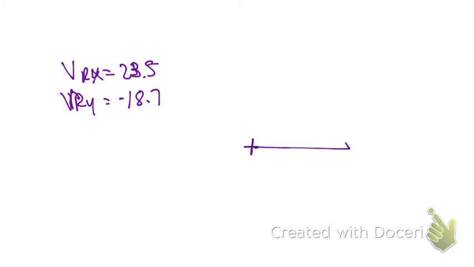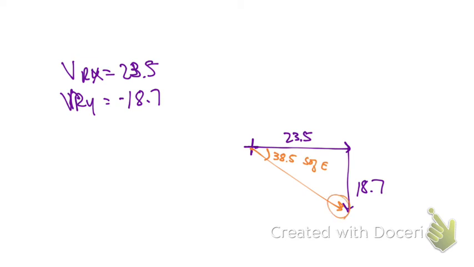Draw my origin, go 23.5, negative 18.7, and I've got a resultant vector. If I would have solved it just like this, I would have solved for this angle, which would have come out to be 38.5 degrees south of east. That's a correct answer in addition to 51.5 degrees east of south. Those two angles get us to the same final location.